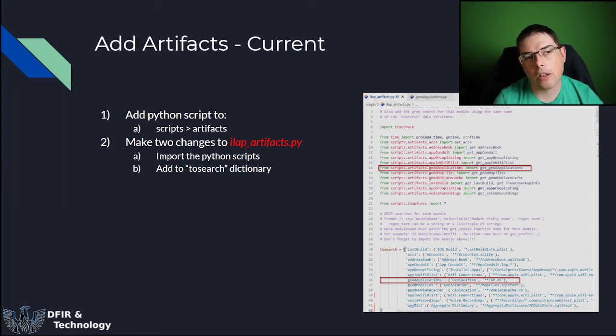They're in the same file, you just have to do it in two places. The first one imports your artifact itself, so it can be found by the application. The second one, the to search, is the list of files that your artifact will process.